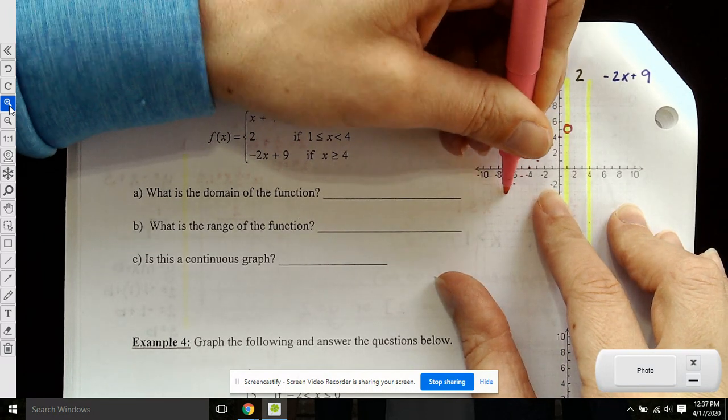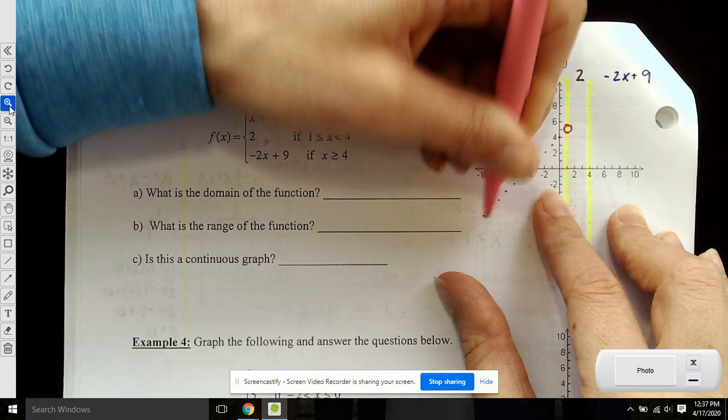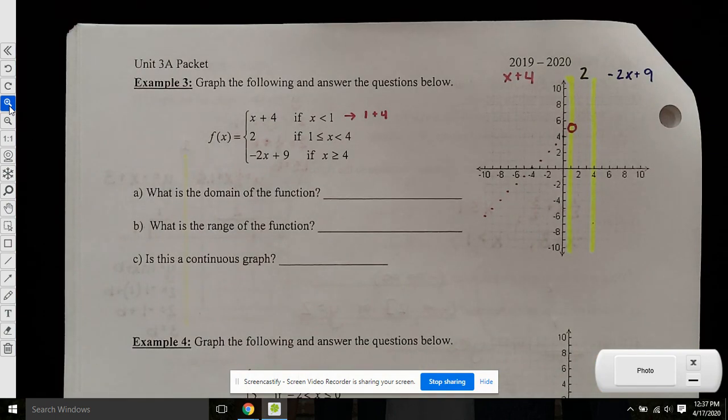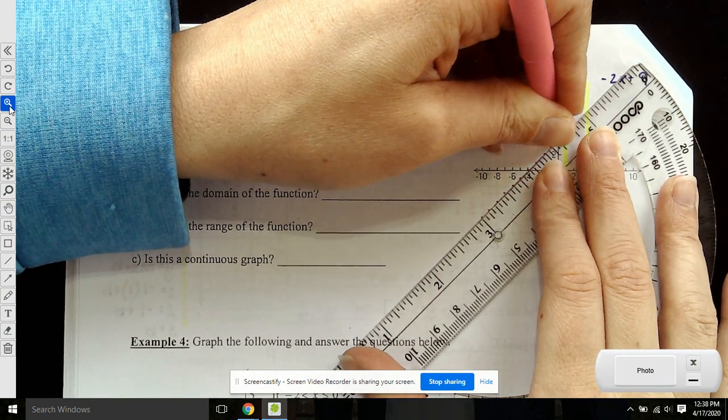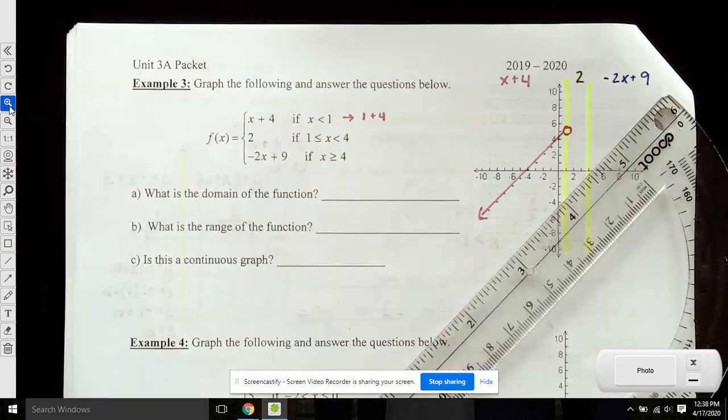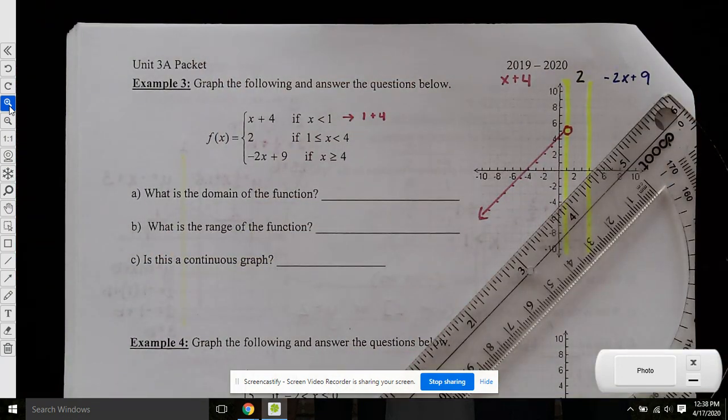Now you can also, because the y-intercept is in this section, start with your y-intercept. So now from here, I'm going to connect the dots, and I have my first section of my piecewise function. It doesn't stop. It goes on for all of the values where x is less than 1.